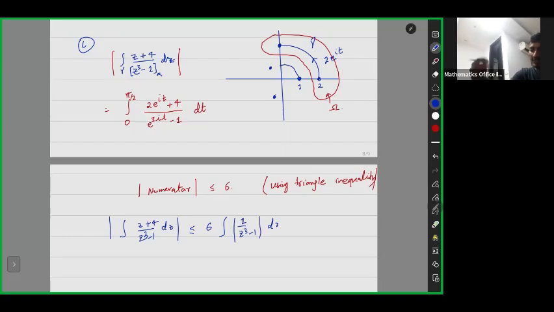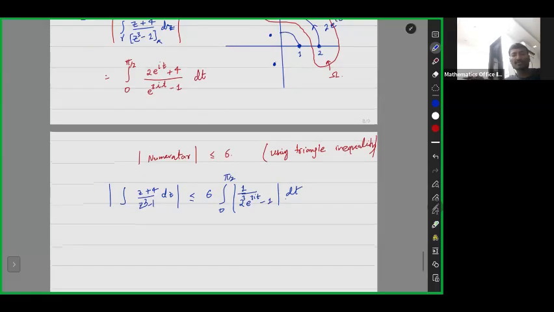Now we are taking all reals, so we can use the change of variables. In place of z, we write 2 e power i t, so we get modulus of 2 cubed e power 3 i t minus 1, dt, from 0 to pi by 2.